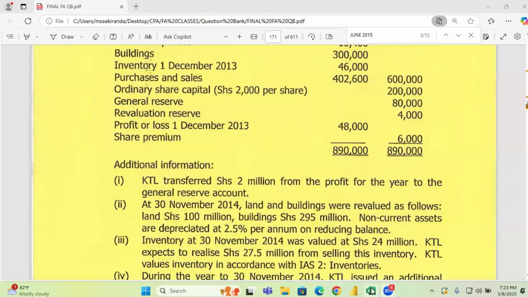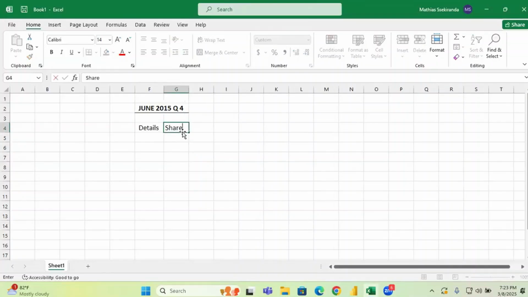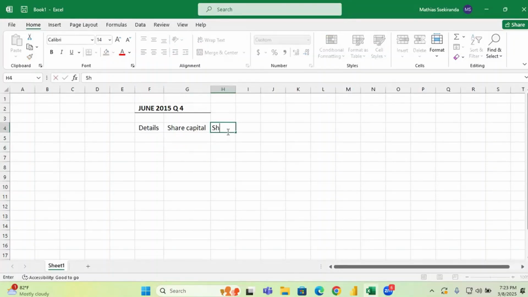When you are coming up with your statement, apart from the first column that has the details or particulars, we shall have 5 other columns. Column number 1 will be for share capital. Column number 2 will be for share premium.